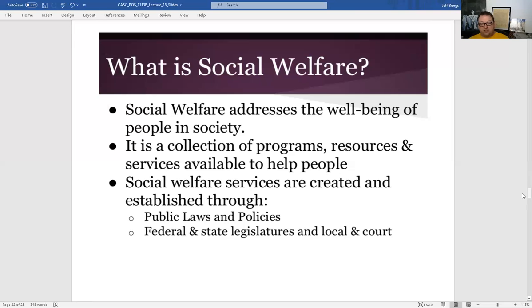Again, you're entitled to this because you paid into it. I think the retirement age has been raised to 65 years old now. But these are not public assistance programs. These are considered entitlement programs because you are the one who paid the taxes in.